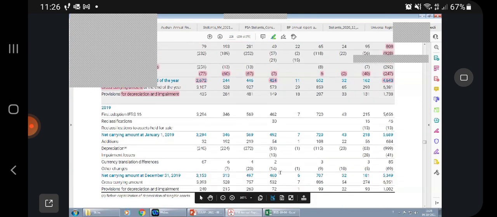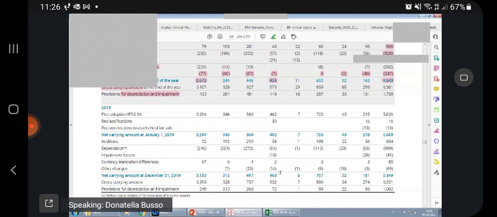But in the balance sheet, the lease liability must be split in two parts, current and non-current. And you will have the opportunity to do this in the exercise for tomorrow afternoon, in the exercise hours.